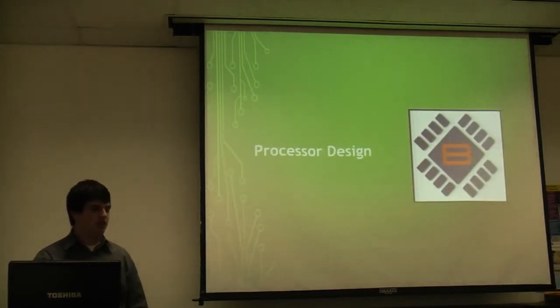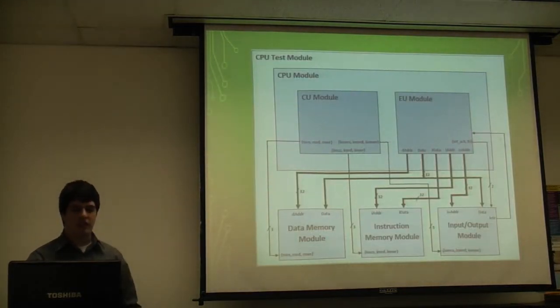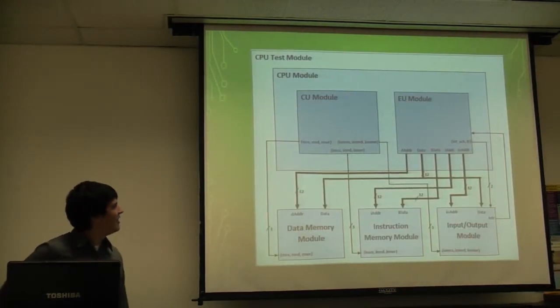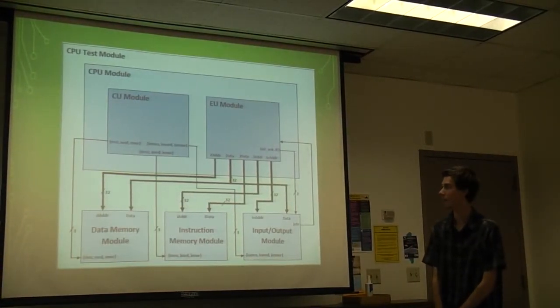And now onto the processor design, more fun stuff, extending off the baseline. The top module consists of the CPU and the data memory and input and output modules. The only things going into the CPU are the interrupt, the reset, and the clock, and that comes from the test bench.